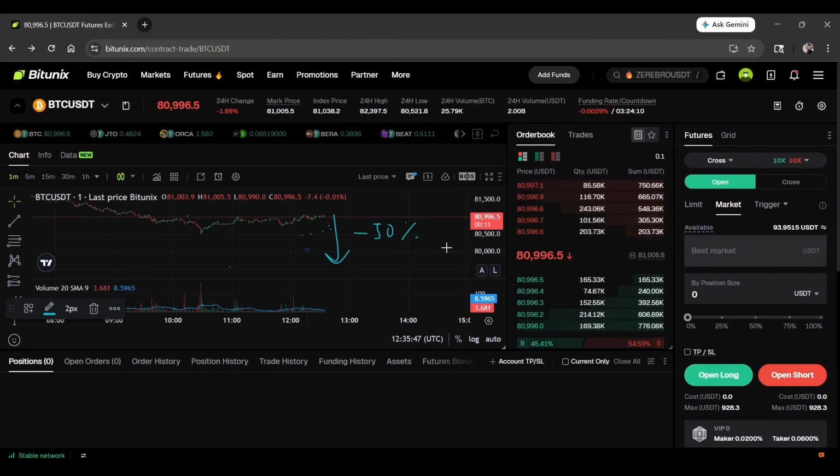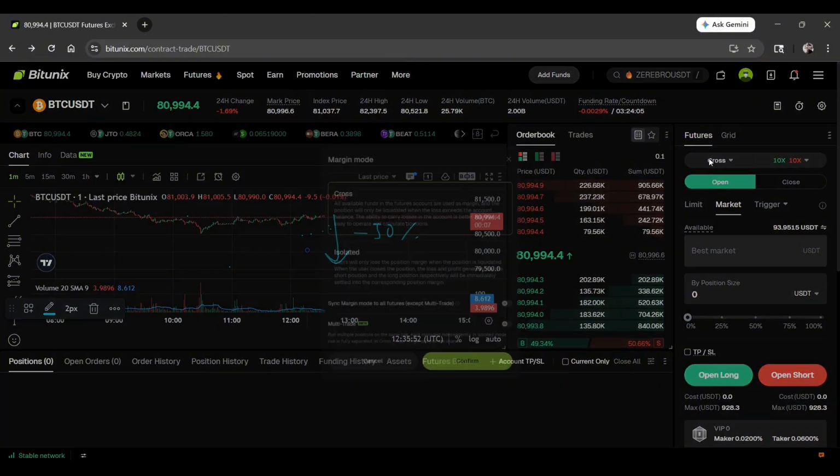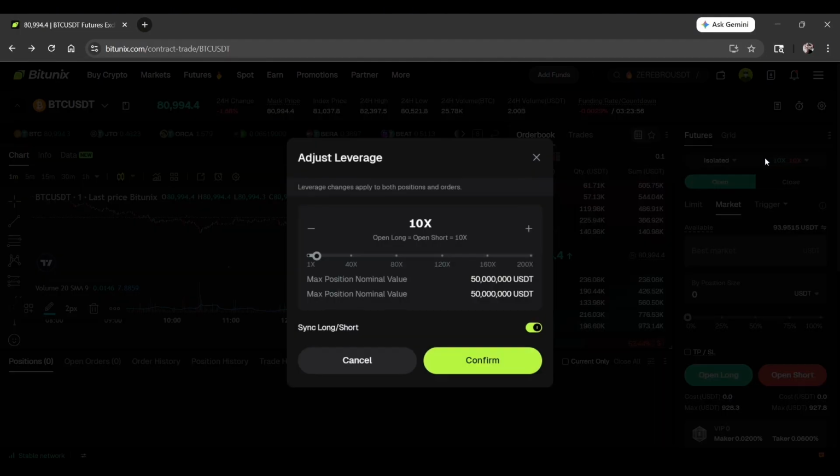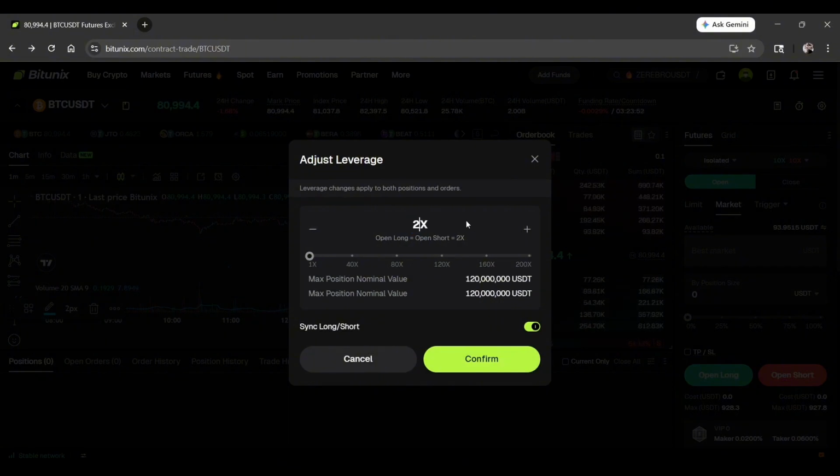With isolated, if I put 10x leverage on isolated, that means that by default, always, my liquidation price is going to be about 10% away. If I am on, let's say, 2x leverage, then my liquidation price is going to be about 50% away.